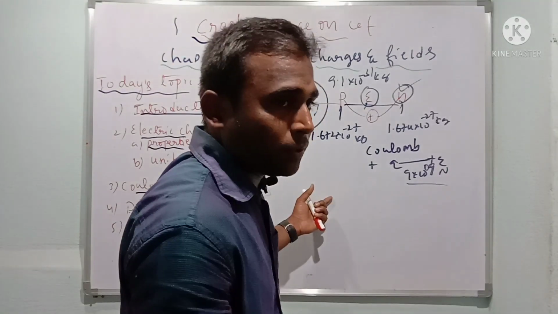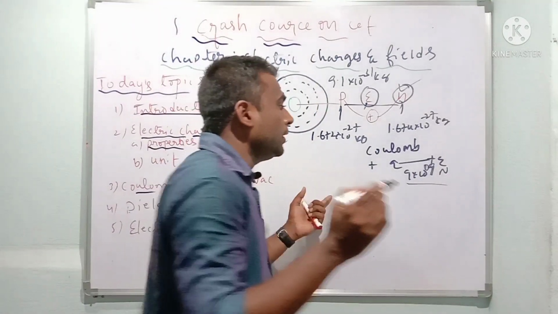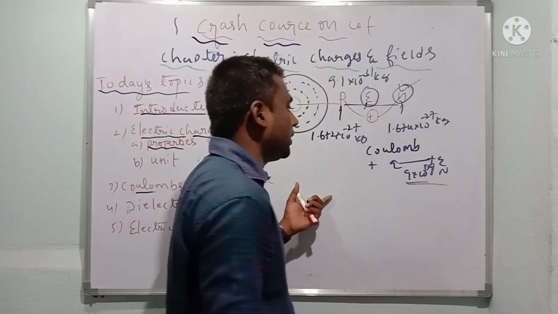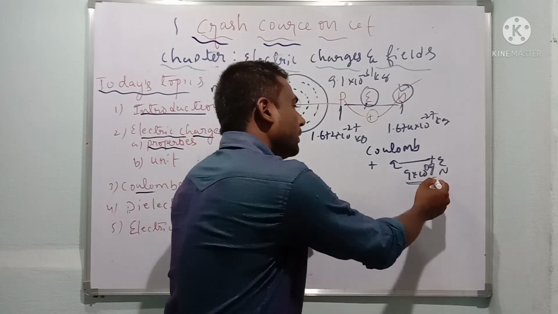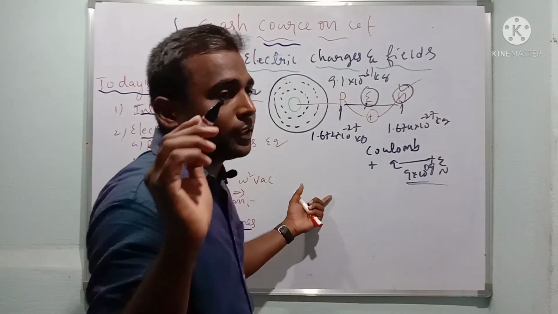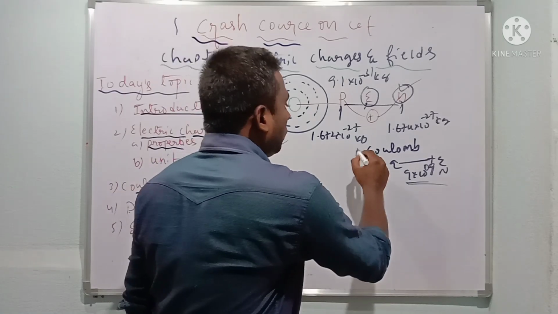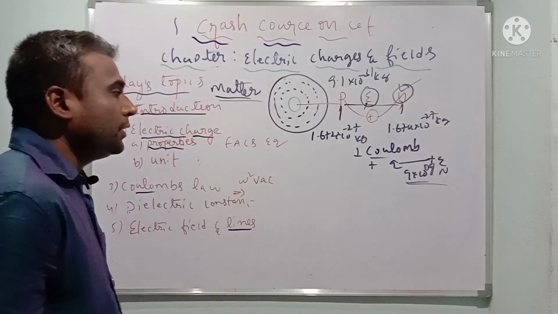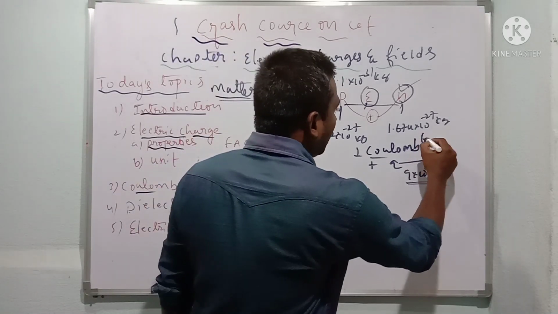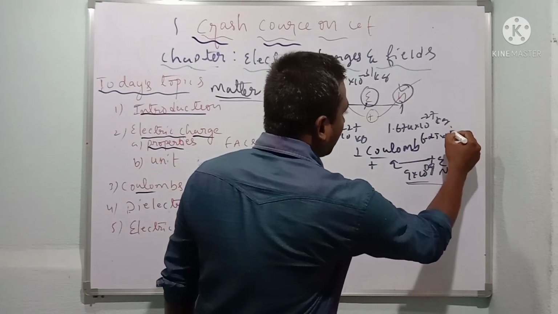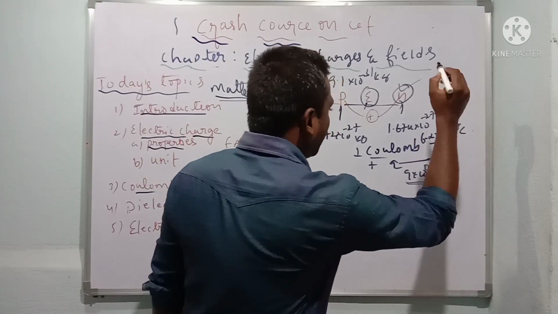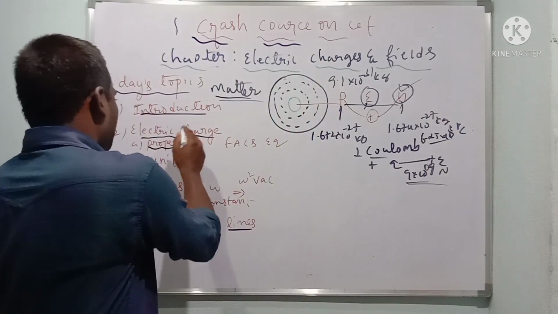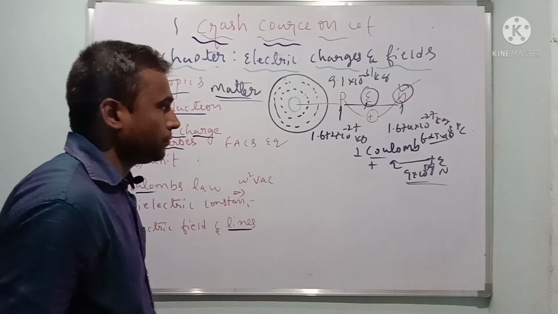Identical charge means repulsive, different charge means attractive. When that force is equal to 9 × 10^9 Newton at a distance of 1 meter in vacuum, that is called 1 Coulomb. And 1 Coulomb contains 6.25 × 10^18 electrons. This is about electric charge and the unit of electric charge.